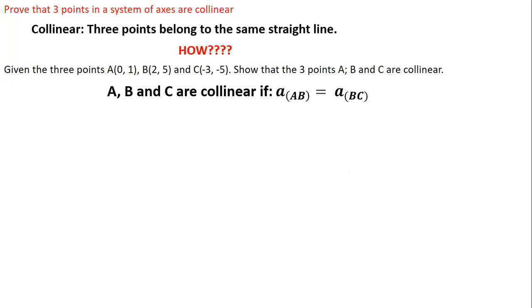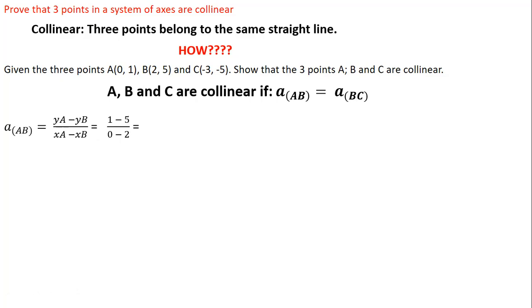As Hadi said, YA minus YB over XA minus XB. So what we do first, we should find the slope of AB, YA minus YB over XA minus XB. Of course, we have the ordinate over 0 minus 2. Yes, so 1 minus 5 over 0 minus 2. 1 minus 5, what's the answer?